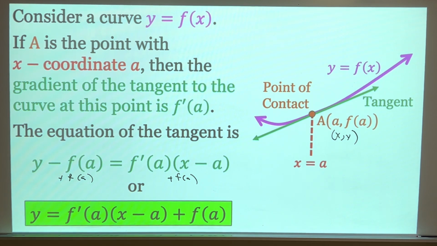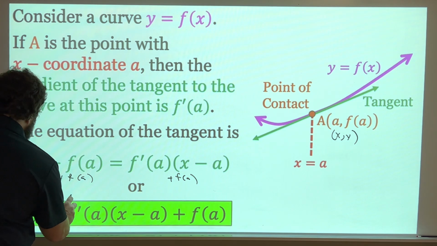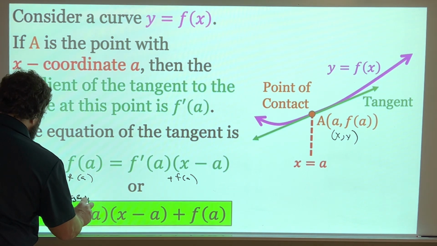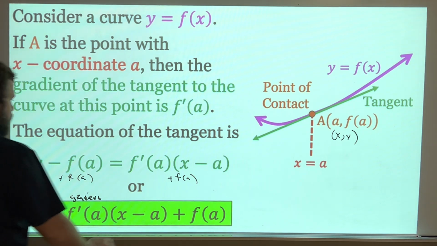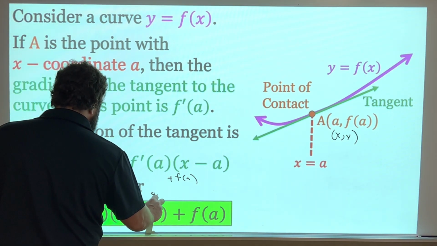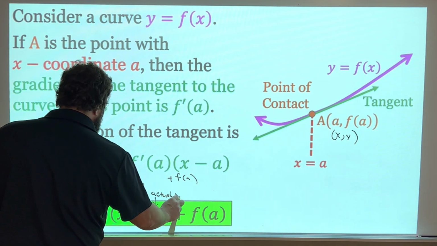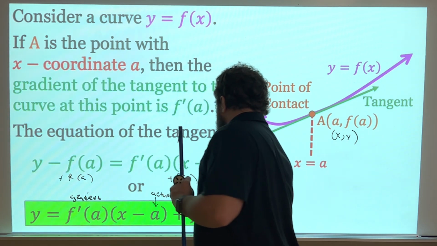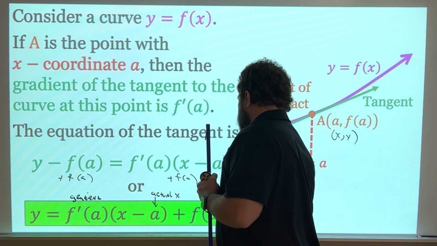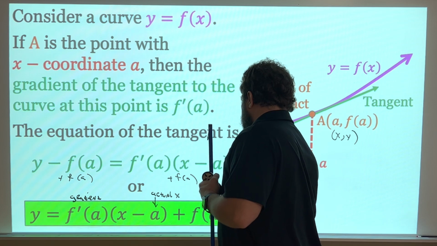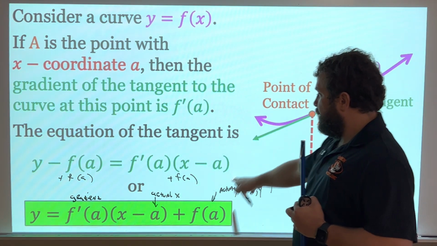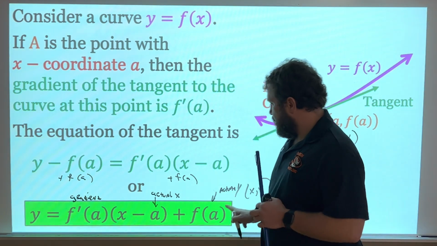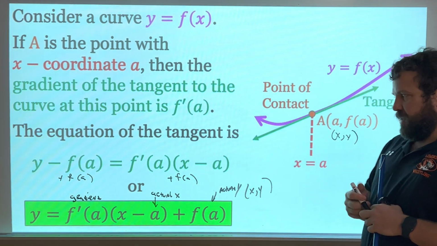So pretty much what this represents is this right here, f prime A, that's your gradient. This A is your actual x, and this f of A is your actual y. So if you have an equation from your point of contact, this is the x value of your point of contact, and this is your y value from your point of contact.